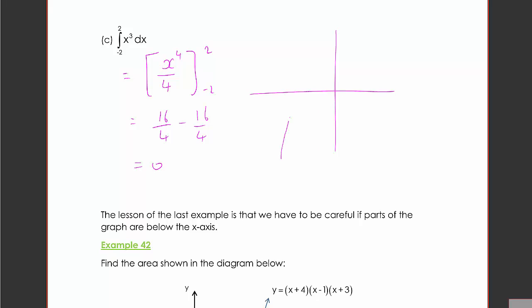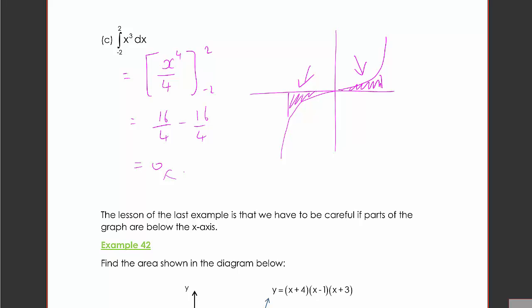Now, clearly, the area that we're talking about is not 0. We can see the area. But what's happened is that this one came out as negative, this one came out as positive, and they were exactly the same numerical value in modulus, and they've cancelled each other out to give us this 0.